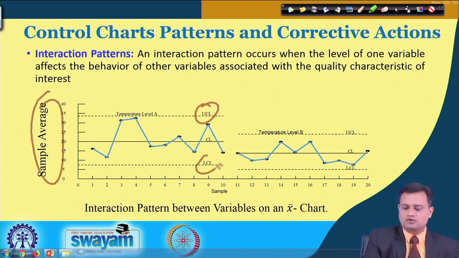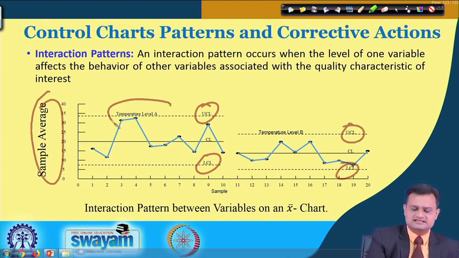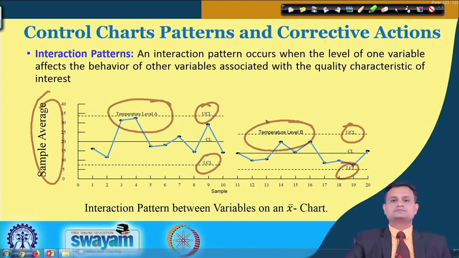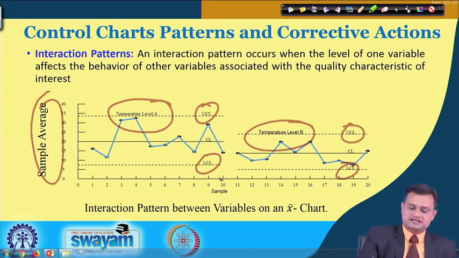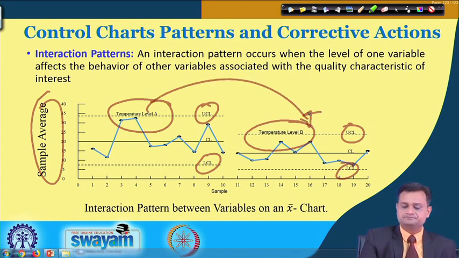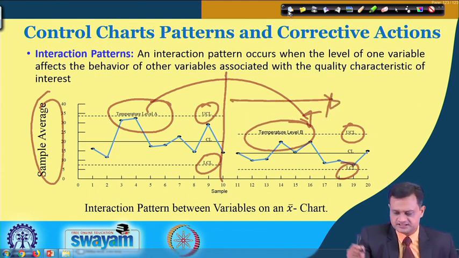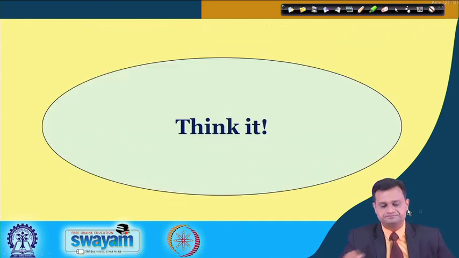This is my upper and lower control limit. Now, this is temperature level A and this is temperature level B, and suppose a change in level can have some interaction or impact, you would find that after some time, say when you have changed from level A to level B, after, let us say, 10 samples, you have a different pattern to observe. So this could be because of interaction.